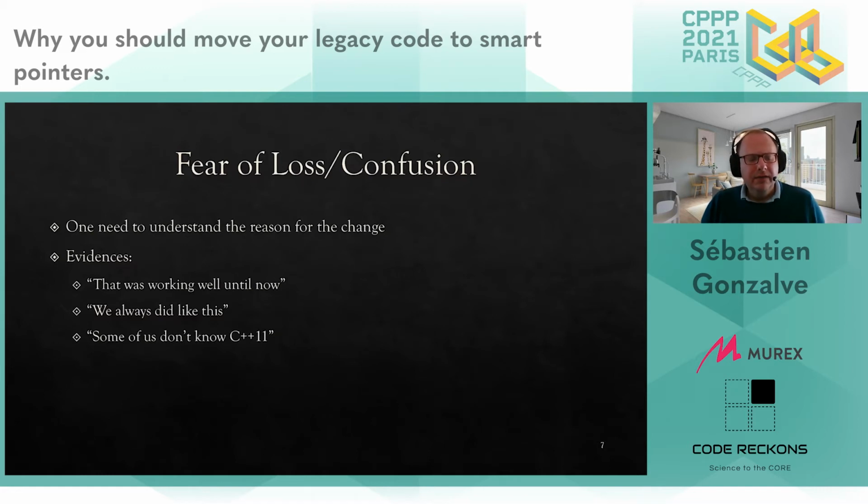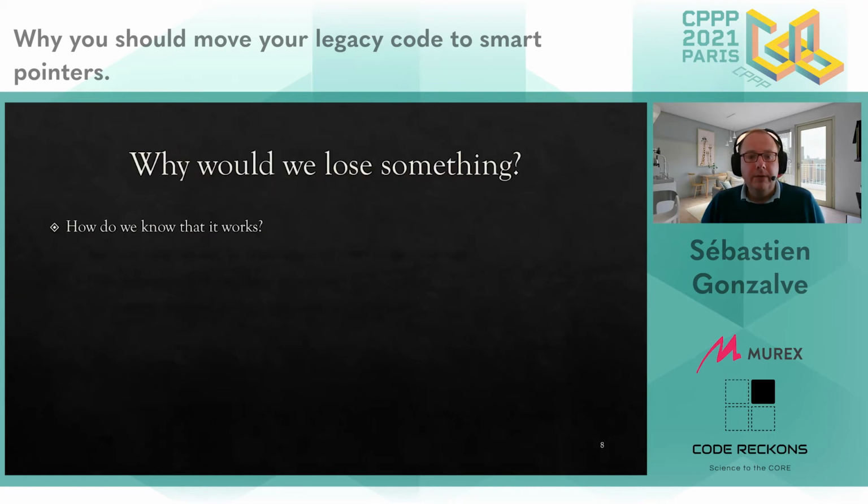And they have tradition: we always did it like this, et cetera. So here is a list of arguments you may hear when you ask people. Some of these explanations are: we don't know C++11. To the question, do we really lose something?